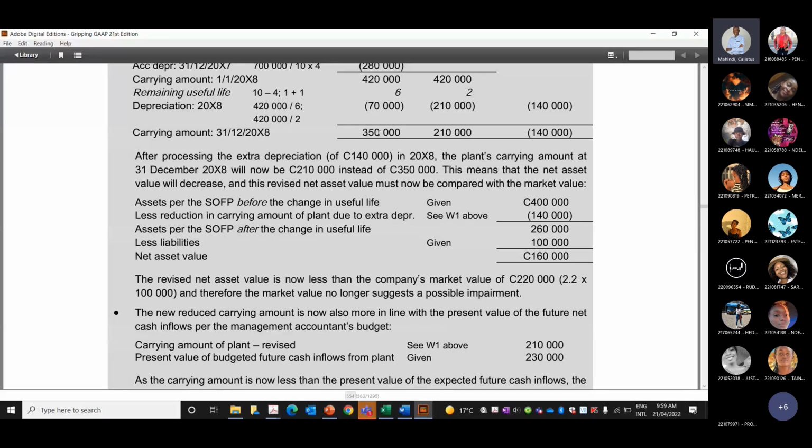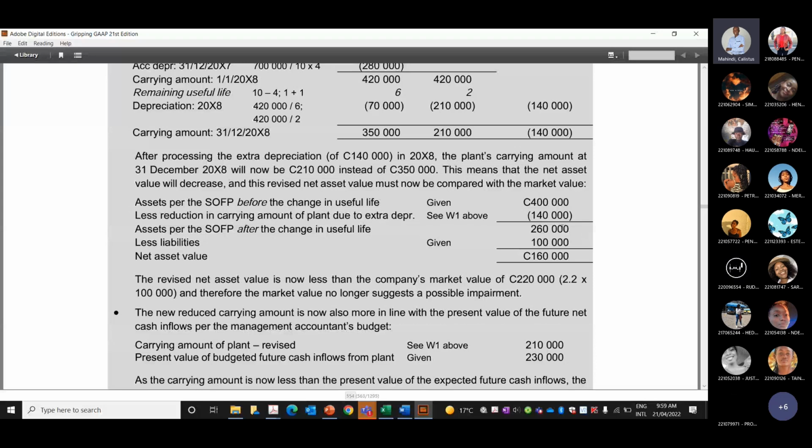So the asset actually reduces by 140,000. So we take our asset values, 400,000 minus 140,000. So the asset values after the change in useful life would have been 260,000. We subtract our liabilities to get a net asset value of 160,000.